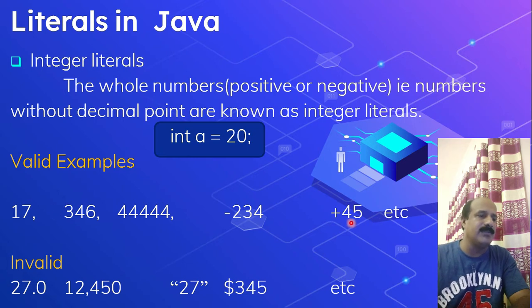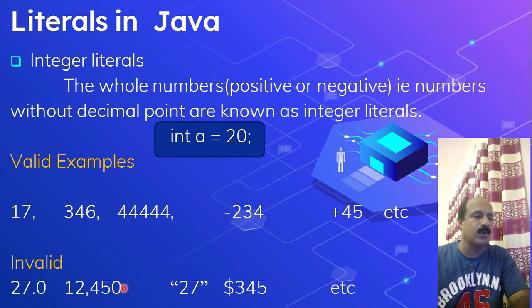Now let us see some invalid literals. See 27.0. This is invalid because .0 is added over here. I told you in the definition, whole numbers without a decimal point. So in any circumstance you cannot add a decimal. Now this is not valid because there is a comma written. So you cannot add literals like this.